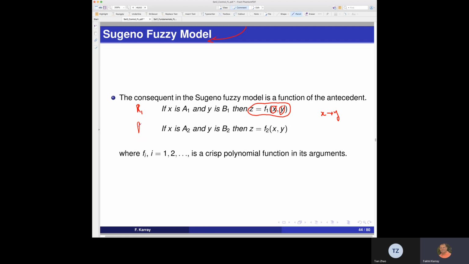This is rule 2 for the system. It says that if x is equal to a1 and y is equal to b1, which are our membership functions, so all of these are fuzzy sets, then the outcome, the consequent, is going to be a function of the variables x and y. For the second rule, it's going to be another function, f2.